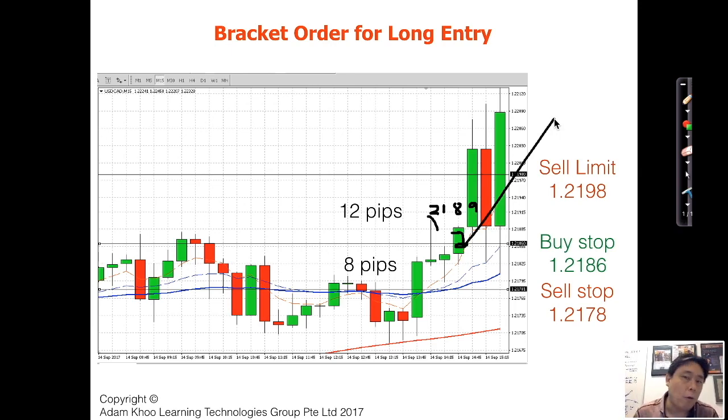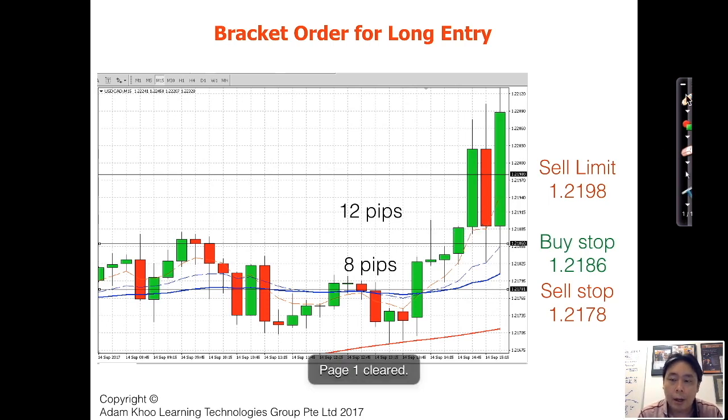And the great thing about Forex is it doesn't go up in a straight line. It tends to go up, comes down again, goes up. So there's a lot of volatility. So oftentimes, even if I missed it and the price has moved by a few pips, I could still get in by placing, in this case, a buy limit order of 2186.